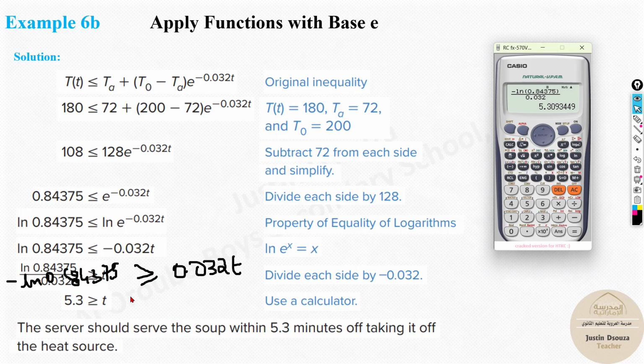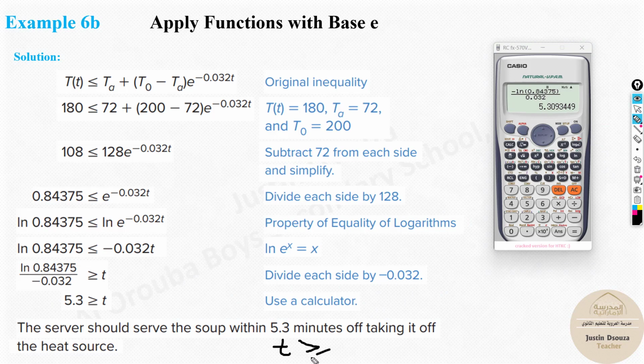That means the server should take the soup within 5.3 minutes. Now let us understand this problem in a natural sense. t must be, sorry, I'm writing t first, so it will be less than or equal to 5.3 minutes, right?